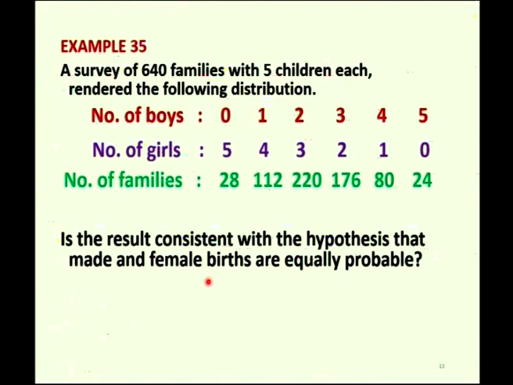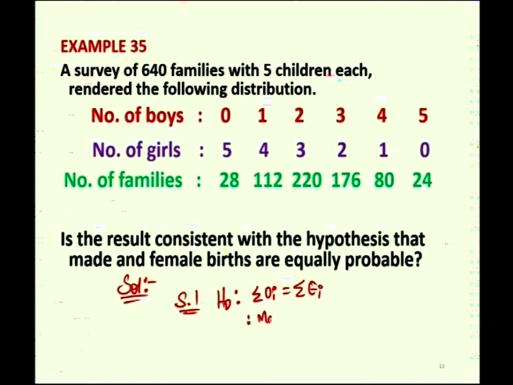So, we start the solution. Step 1: H naught, summation OI is equal to summation EI. It means male and female births are equally probable.